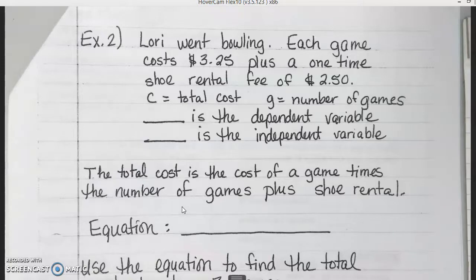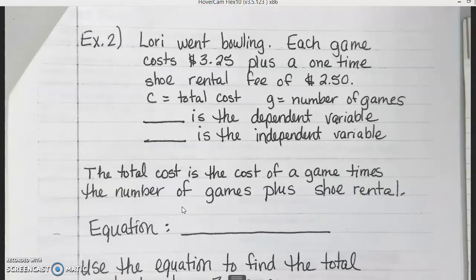So first thing we've got to do is figure out what's going to be the dependent variable, what's going to be the independent variable. Now our total cost, we're going to use the variable C, and the number of games is going to be G. Do the games depend on the total cost, or does the total cost depend on the number of games?